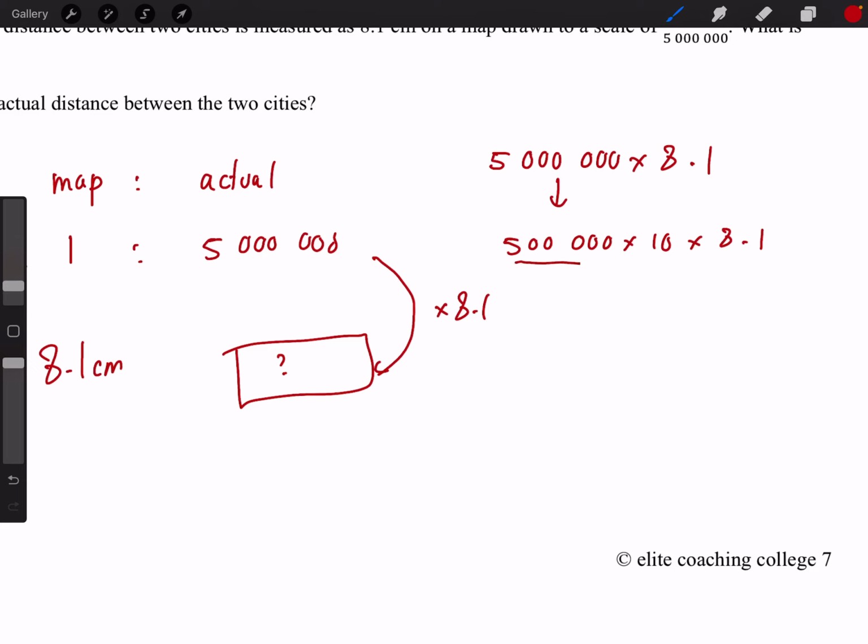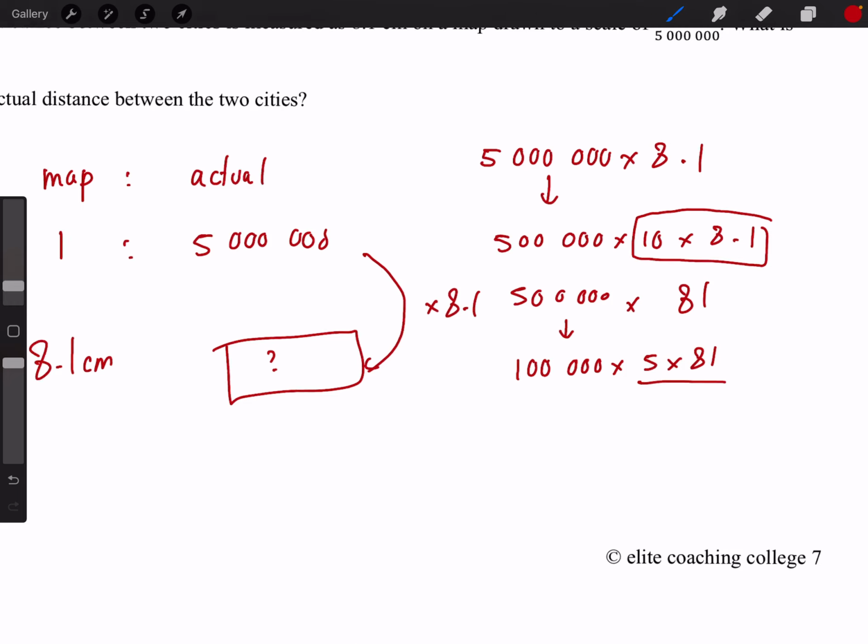Because if you multiply these, you will get 5 million. So I just broke it down, and now we can multiply this in the different order. I'll multiply these first. Okay, 81 times it by 500,000. Oh, actually, now we can break it down even further. Watch this. I'm gonna break it down to 100,000 times 5 times 81, isn't it? I'll do this first now.